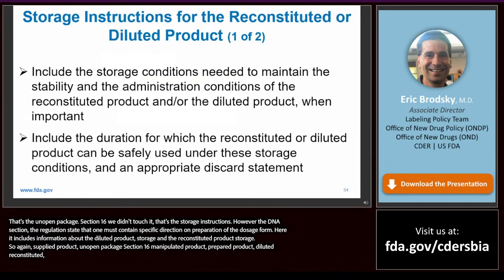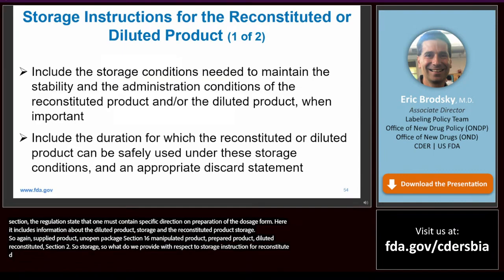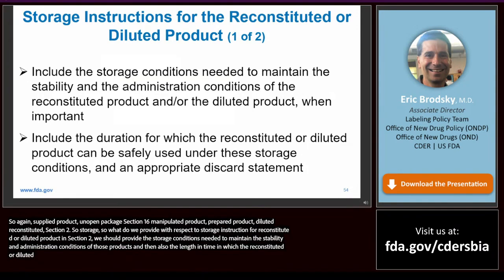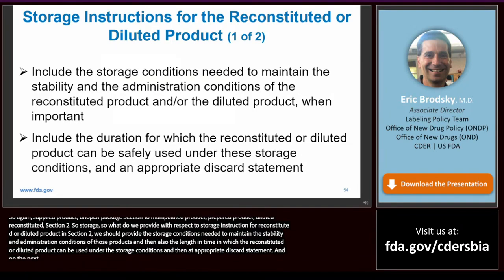So what do we provide with respect to storage instructions for the reconstituted or diluted product in Section 2? We should provide the storage conditions needed to maintain the stability and administration conditions of those products, and then also the length of time in which the reconstituted or diluted product can be used under the storage conditions, and then an appropriate discard statement. And on the next slide, I'll show you an example of this.